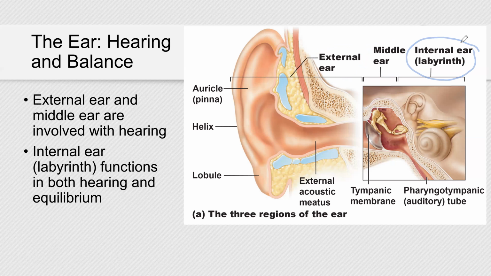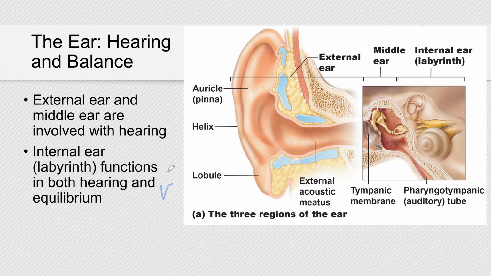So for example, if somebody was in a terrible car accident and there is permanent damage to the external and middle ear, this person will not be able to hear. But if the inner ear is not damaged, then the person still will be able to keep his or her balance. That's what it says. External ear and middle ear are involved with hearing, and internal ear functions in both hearing and equilibrium.